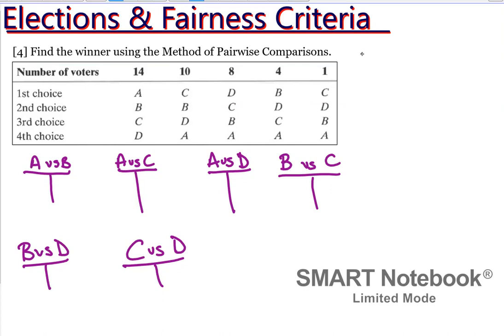Pairwise means choose 2 at a time. So a combination of 4 choose 2 is 6. We have the 6 pairs. We know that we've accounted for them all. We double checked it with our combination math.